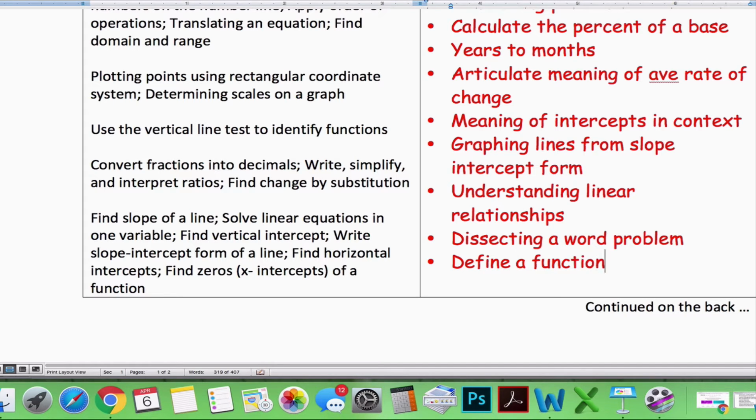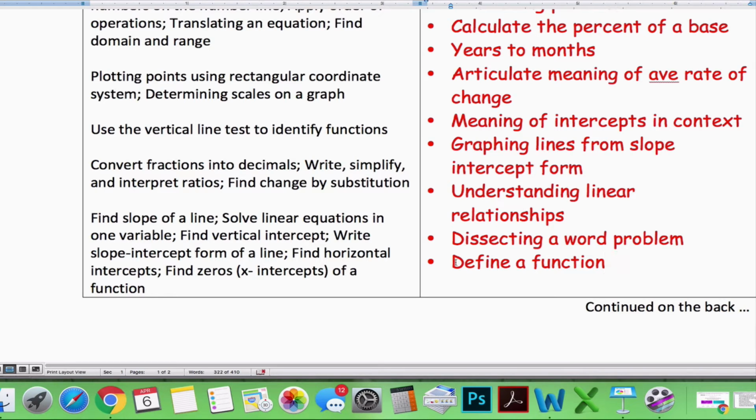And what do you mean by define a function? Like, should they be able to articulate what a function is? Yeah. Or be able to determine the function given the context? What do you mean by define a function? I think understanding, we use the term function, what that means in relation to the ordered pairs, the data.